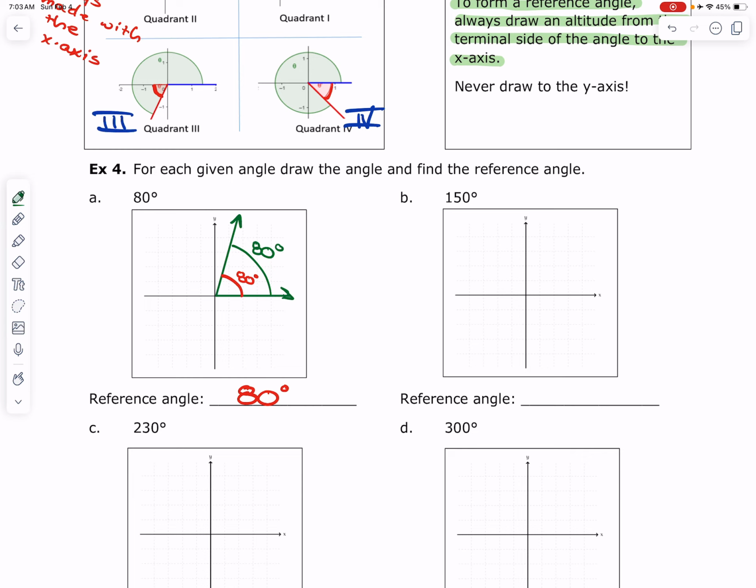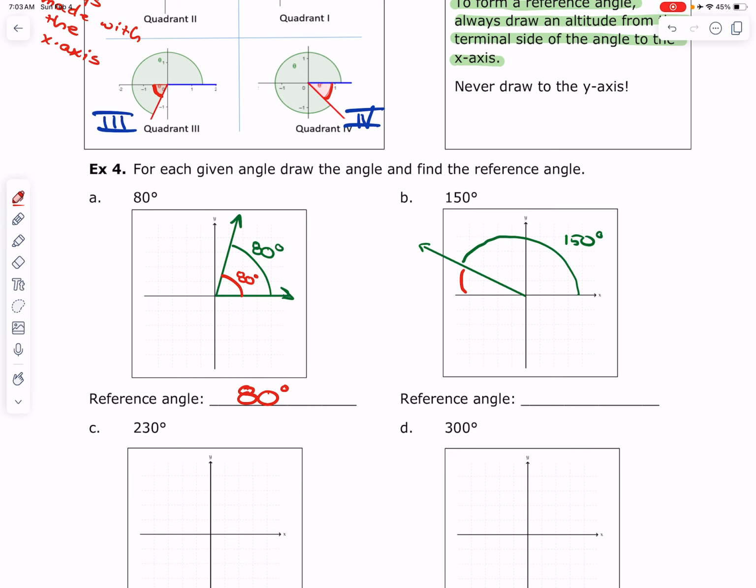Take a look at B, 150. So here is my 150-degree angle. What I need to consider for my reference angle is how far away I am from the x-axis.